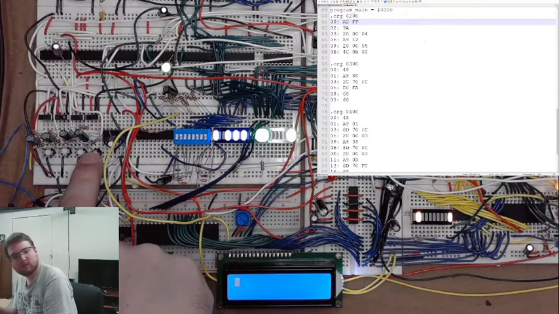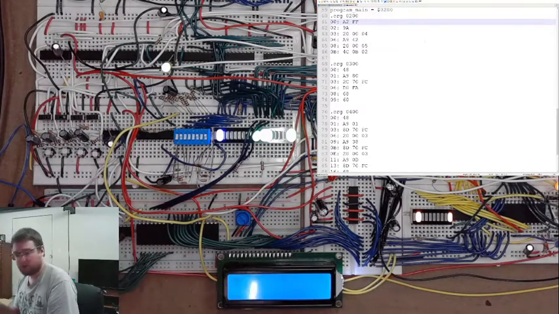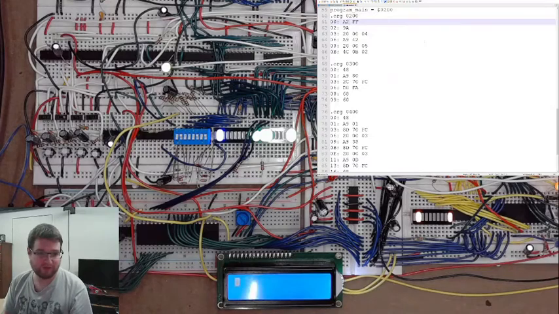A9. 4 2 2 0 0 5. 4 C 0 B and then 0 2. Okay, most of that didn't get wiped, just the first one.